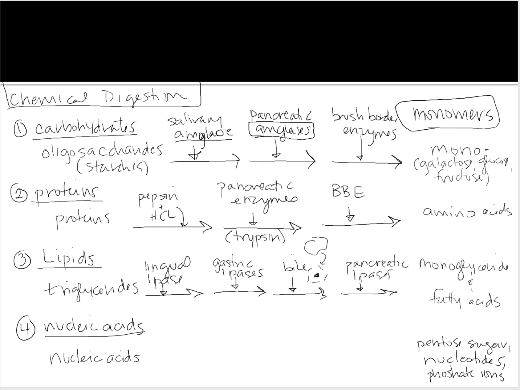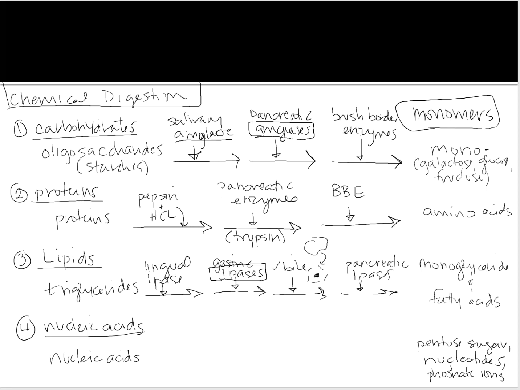Now again, just like our carbohydrates have a common theme, our lipids have a common theme, and that is that they are broken down by lipases. Okay, so lipases are super key in getting us to our monoglycerides and our fatty acids. Don't forget, however, this bile is not necessarily essential, because you can live.